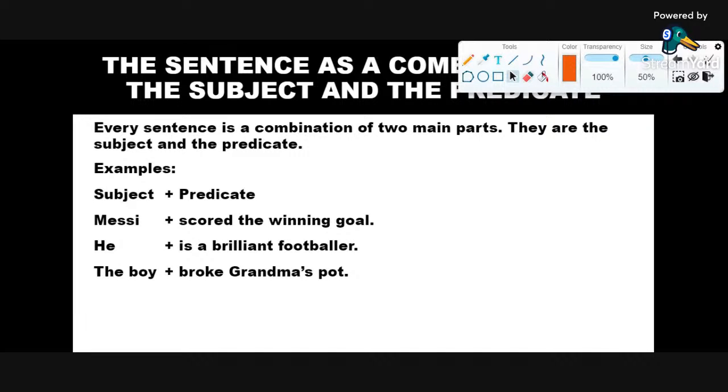And when you look at the third example, let us look at the third example more closely. Again, you will discover that the subject is the boy, and the predicate is broke grammar sports. So when you look at the subject, the boy is a noun phrase.